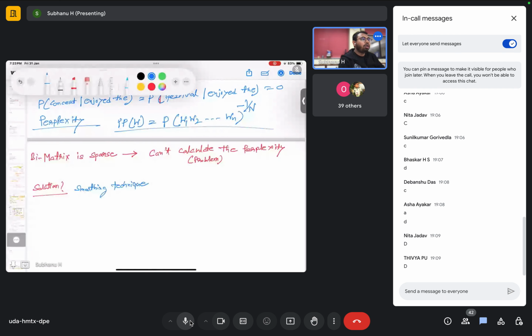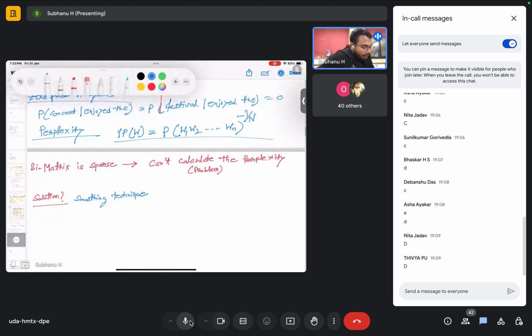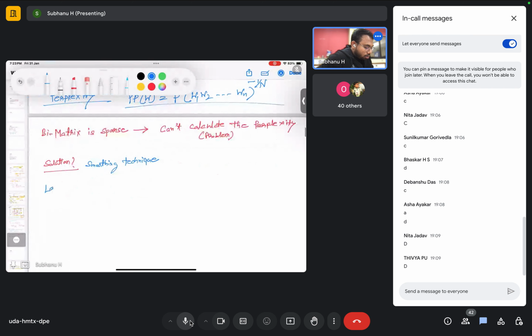Okay, what are the available smoothing techniques we have? We have the Laplace smoothing. This is also called add one estimation. Okay, what does it do?